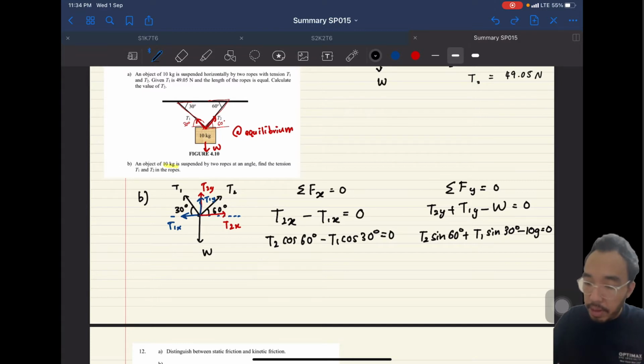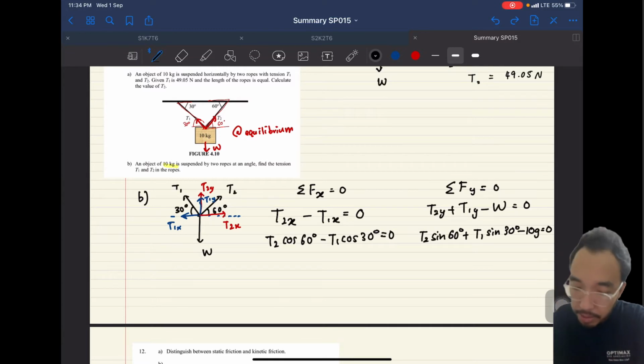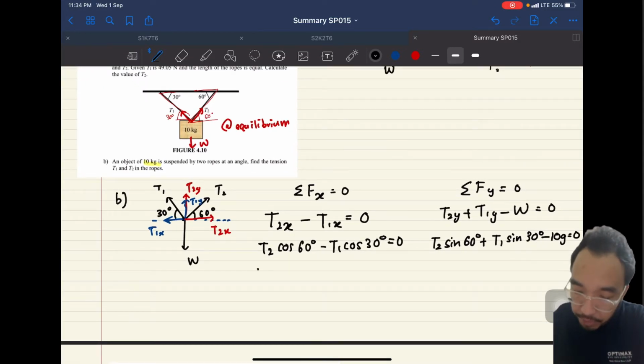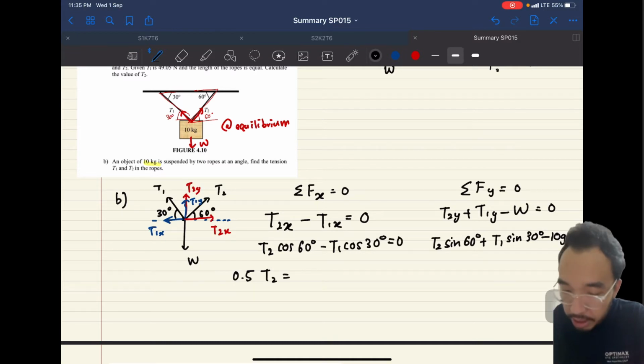You can try to press your calculator and see what cos 60 is. It is 0.5. Interesting. So it will be 0.5 T2, which equals cos 30 T1, now you have 0.866 T1.